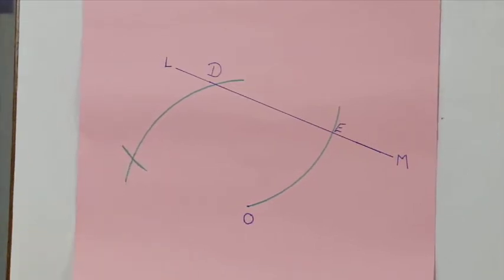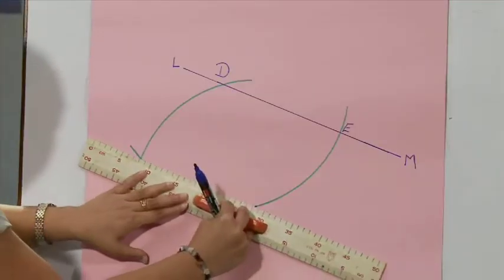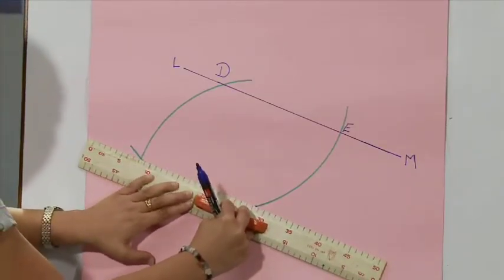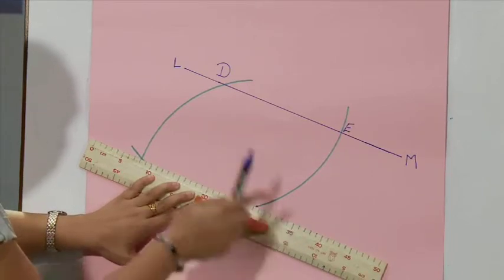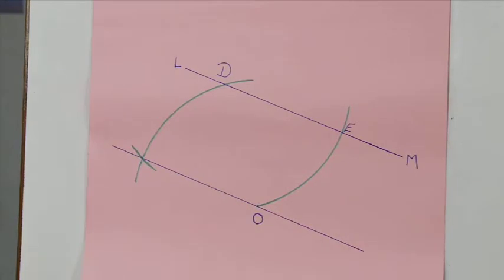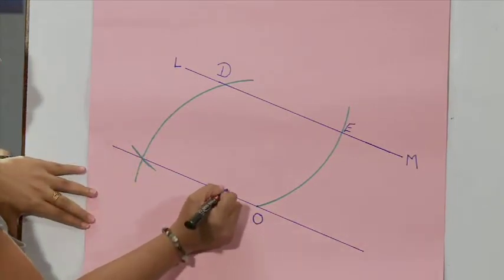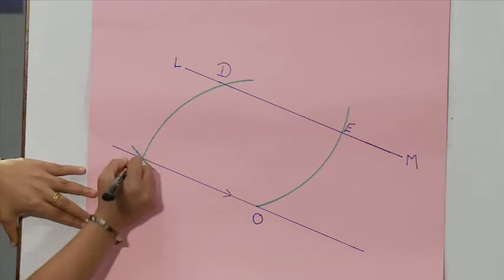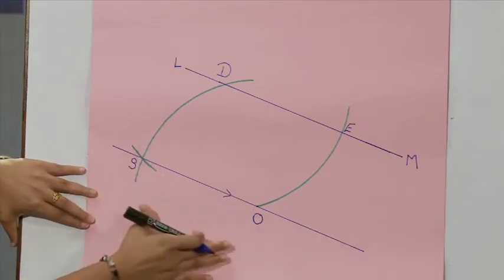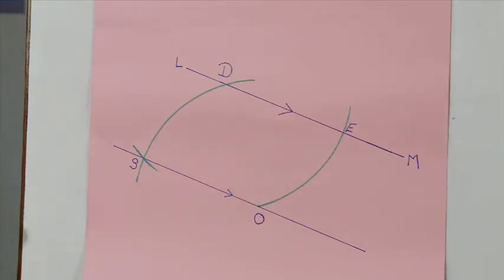Right, now you've got the point O, you've got the intersection here, right? What you need to do simply, you take your ruler, okay, put it here, and then you just join the points. All right, so what have you got? You've got a line, which is the line SO, and this line is simply parallel to the line LM.